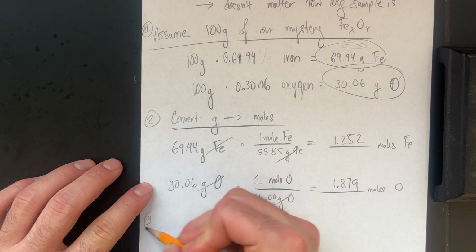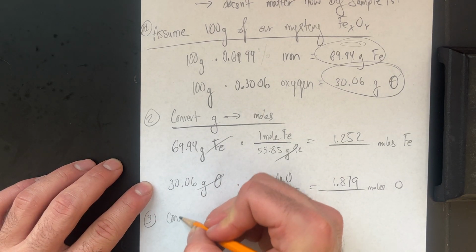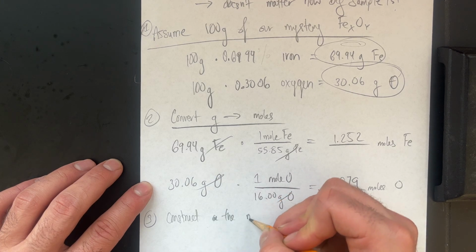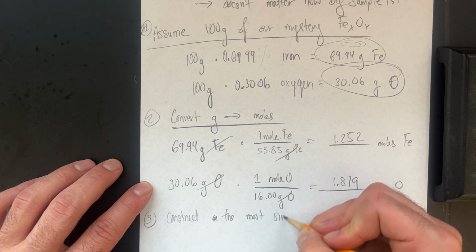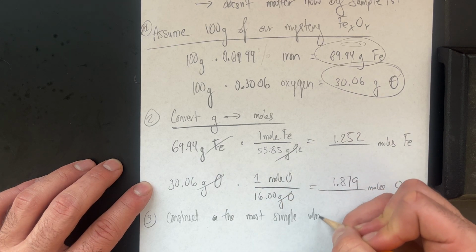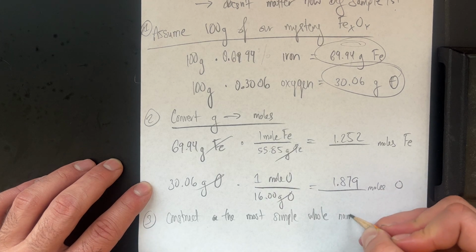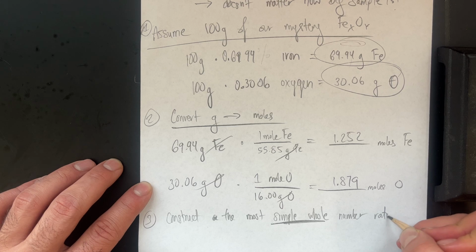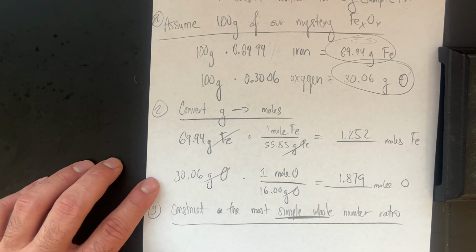So now that we have these moles, step 3 is construct the most simple whole number ratio. And so how do we do that?